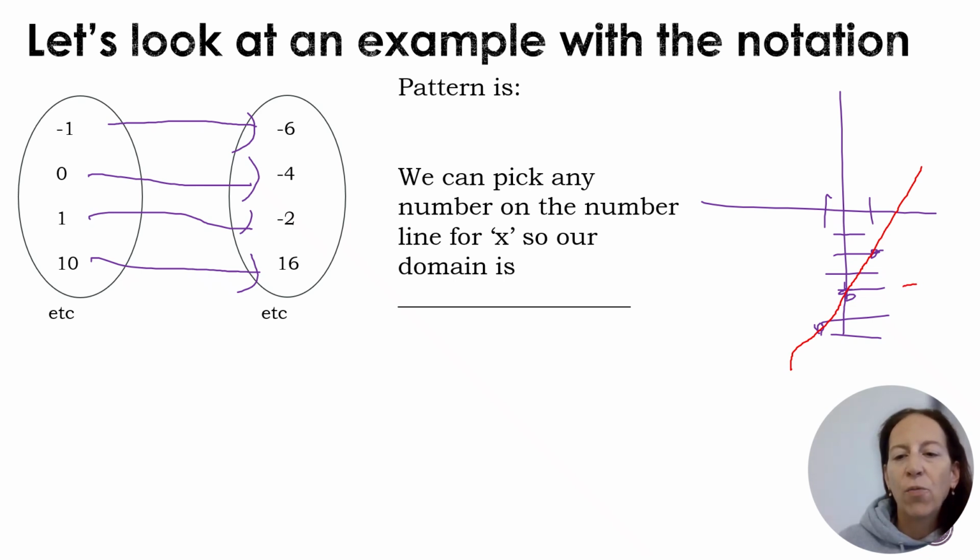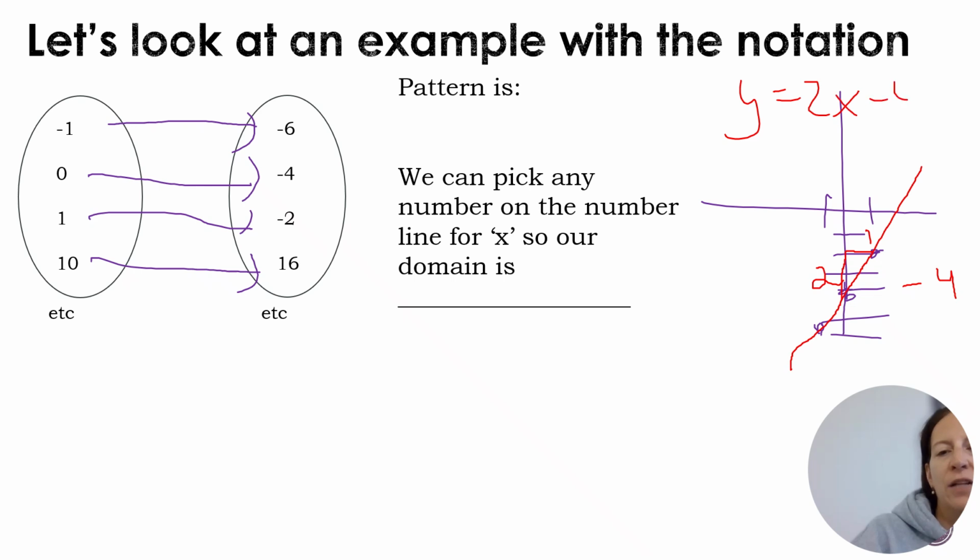It looks like the y-intercept of that line is -4, and it looks like the slope is up 2 over 1, using rise over run. It looks like the equation for the line would be y equals 2x minus 4. If you think about it, the slope was 2 and the y-intercept was -4. So I think the pattern is 2x minus 4.